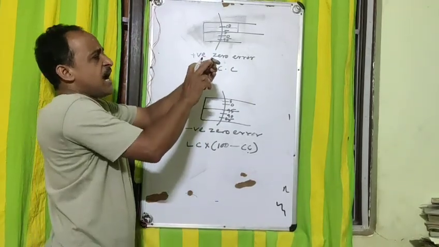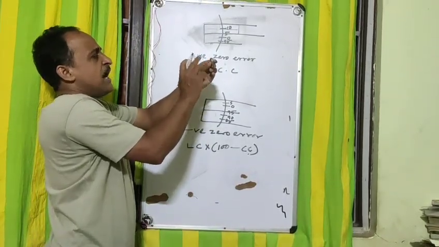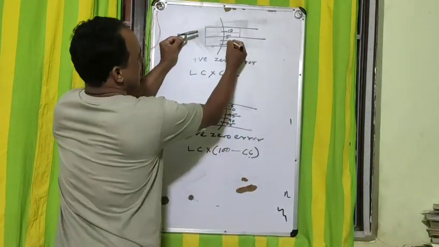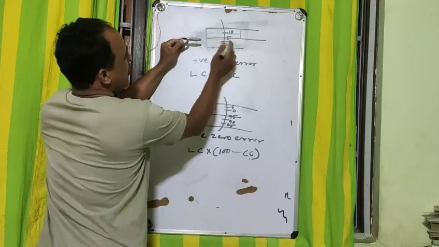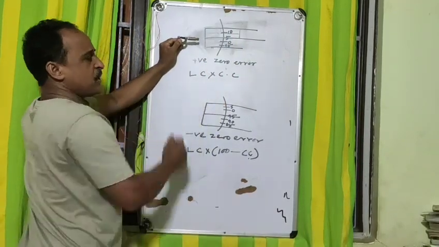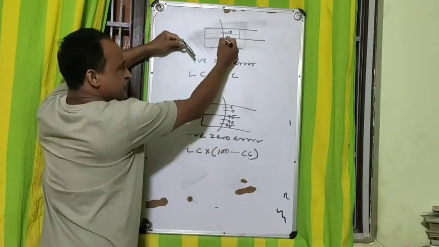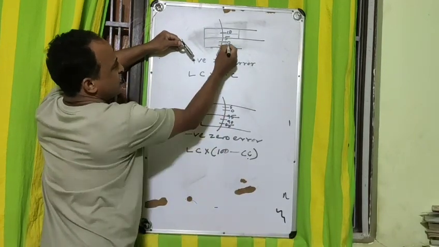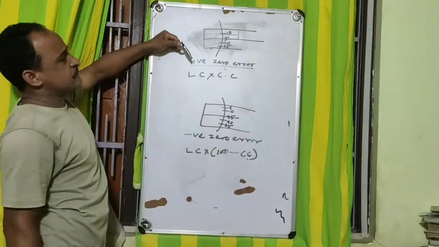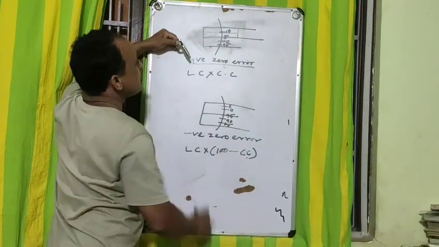The stud A and the end of the sleeve are in close contact. Then observe whether the zero mark of the circular scale is above or below the baseline. If it is below the baseline, it is called positive zero error.